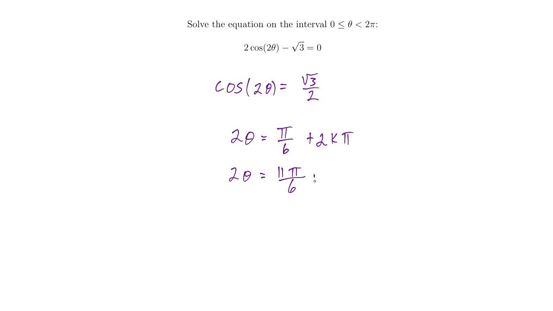Now normally I only add 2k pi when I want all solutions, not just solutions between 0 and 2 pi. But in this case, since I'm going to be dividing by 2, I'll also be dividing the 2k pi by 2, so I'll really only be adding k pi. I wouldn't know how many pi's I need to add unless I add this first.